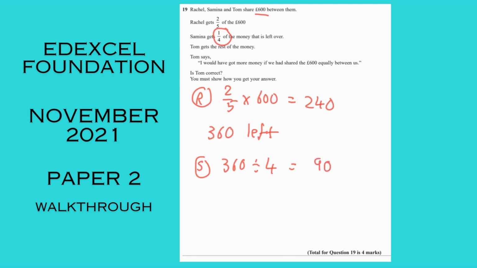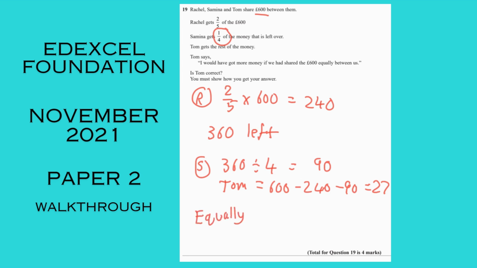She's getting £90. So as we can see, 240 for Rachel, 90 for Samina. So Tom would get the £600 minus these amounts. Or in other words, 270.